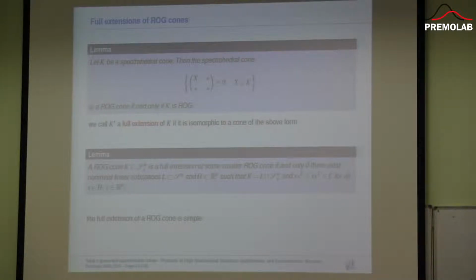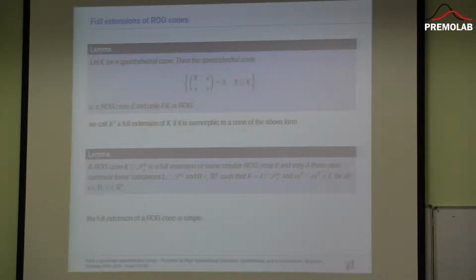So y is in K prime if and only if we can express it in block decomposed form as follows. In the 1-1 block, which is of size n, we have an element of the original cone, and here we have whatever we want.